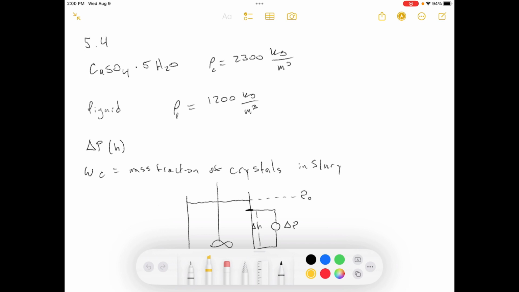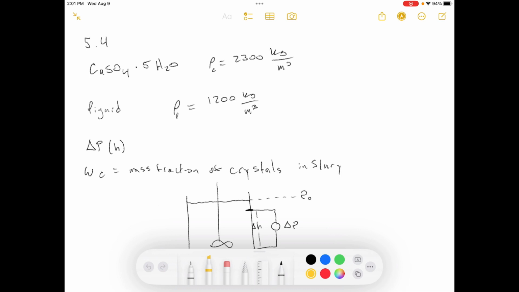A sensitive transducer is used to measure the pressure difference, delta P in pascals, between 2 points in the sample container separated by a vertical distance of h meters. The reading is in turn used to determine the mass fraction of crystals in the slurry, in kilograms of crystals per kilogram of slurry.